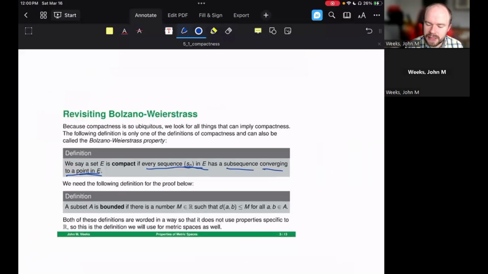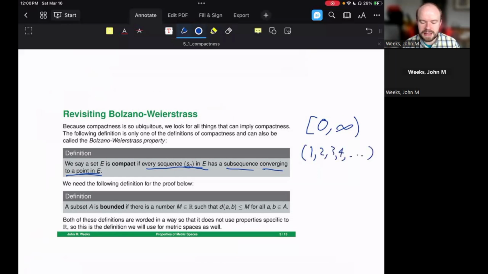To give an example, let's say that you took the set, maybe the one that we were looking at from before, this now being the closed interval going from 0 to infinity. Notice that we would call this a closed set in terms of the real numbers. Its complement is certainly open, for example. If I take this set, I can now construct the sequence 1, 2, 3, 4, just the sequence of the natural numbers, such that any subsequence that I choose out of the natural numbers does not converge in the relative metric that it gets from the real numbers.